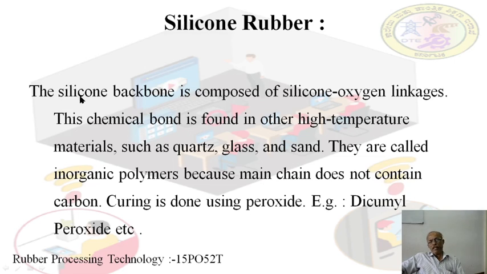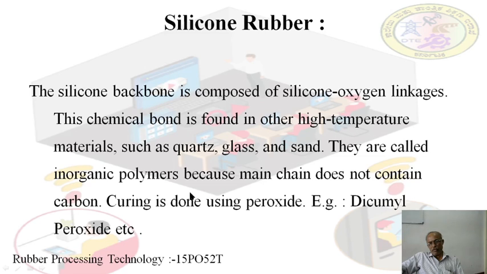Organic rubber's backbone is composed of carbon to carbon linkages, whereas inorganic rubber, that is silicon rubber, has a backbone composed of silicon oxygen linkages. This chemical bond is found in other high temperature materials such as pots, glass and sand. They are called inorganic polymers because the main chain does not contain carbon.